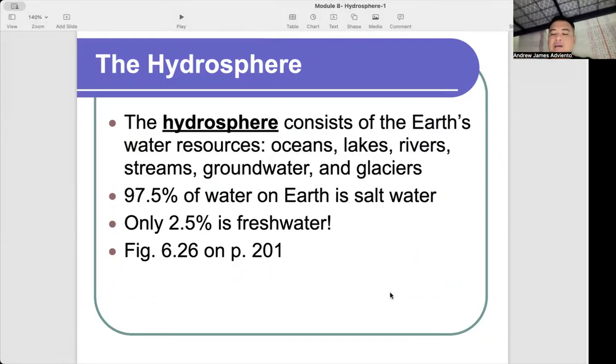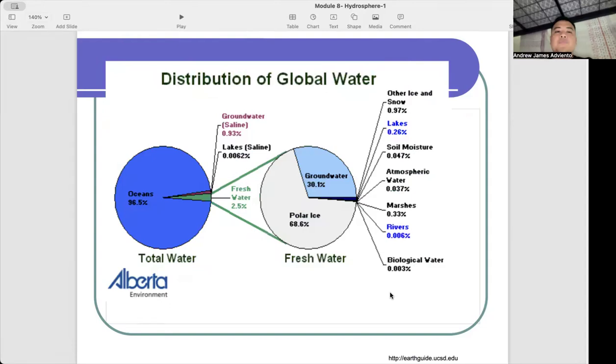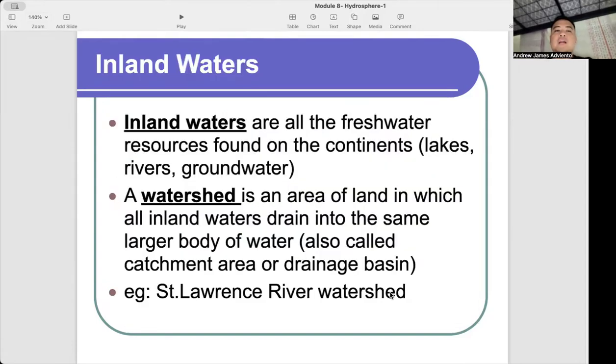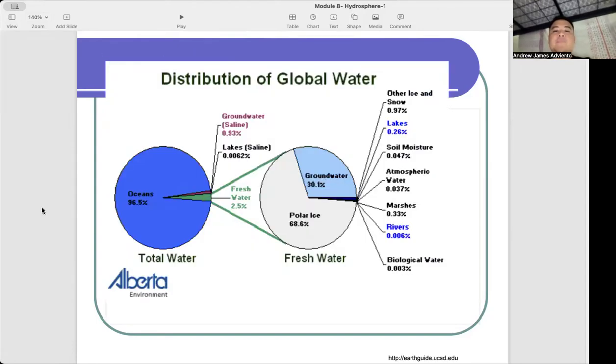We also have trapped water. You can see in here. So trapped water in ice is around 2.3%, and underground water is actually 0.4%.